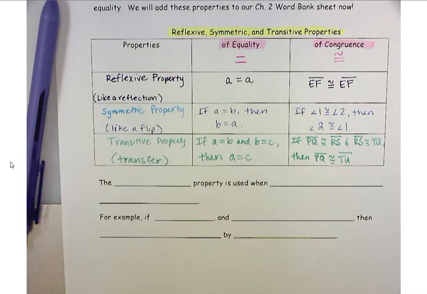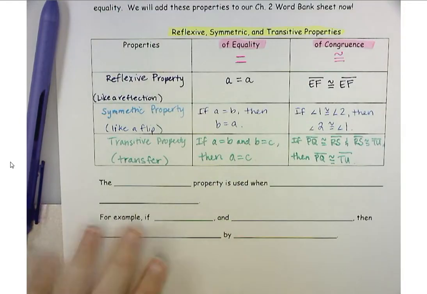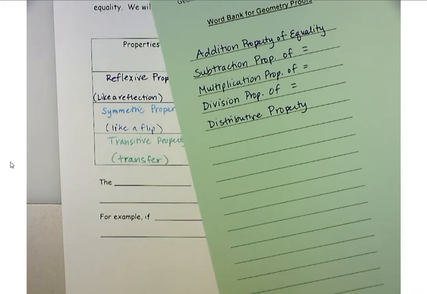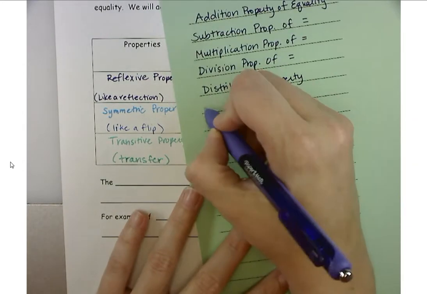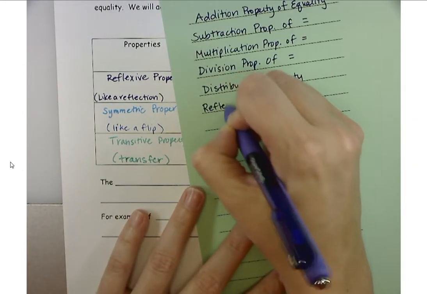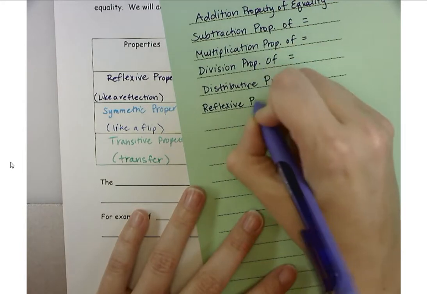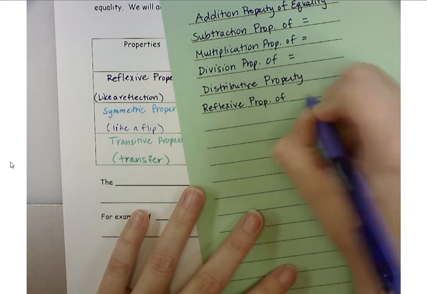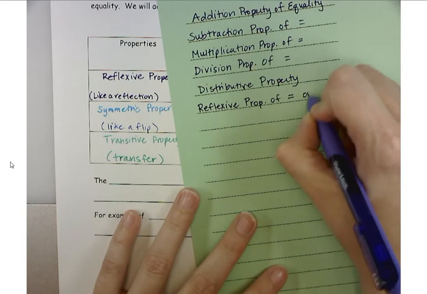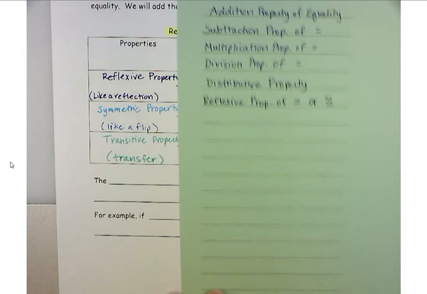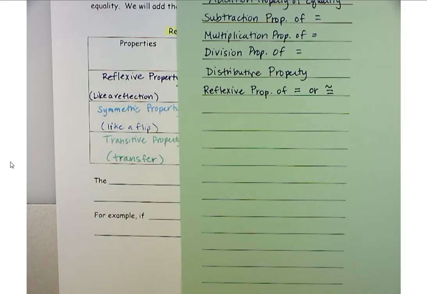So we are going to put these on our sheet, and then I'll come back to this if you didn't get everything written down. We're going to have the reflexive property, and we're just going to put of equality or congruence. Whichever you have, equal or congruent, that's the one you're going to use.